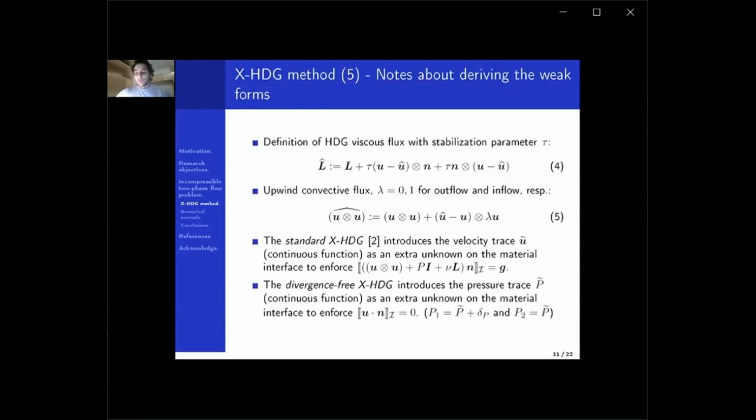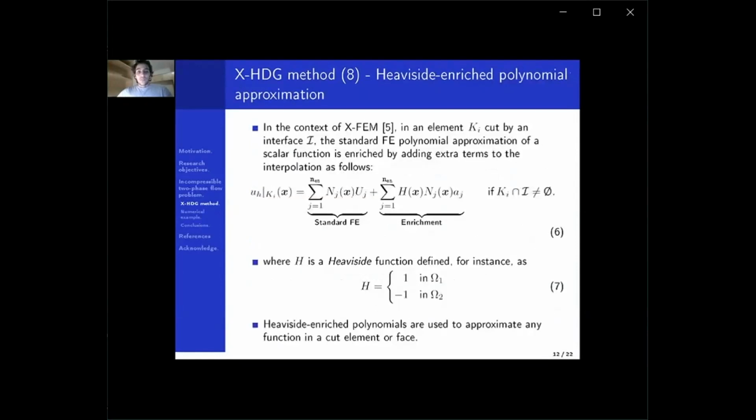There are some things to note that are unique to this method: here we introduced not only the traces between the elements, but we also introduced the traces of the velocity and the pressure on the interface. And this is made to enforce the continuity or jump conditions across the interface.